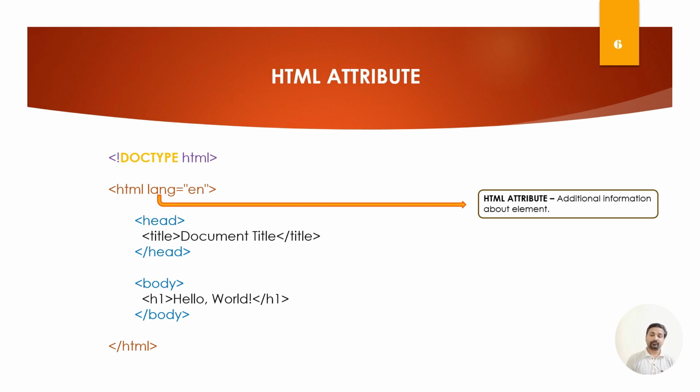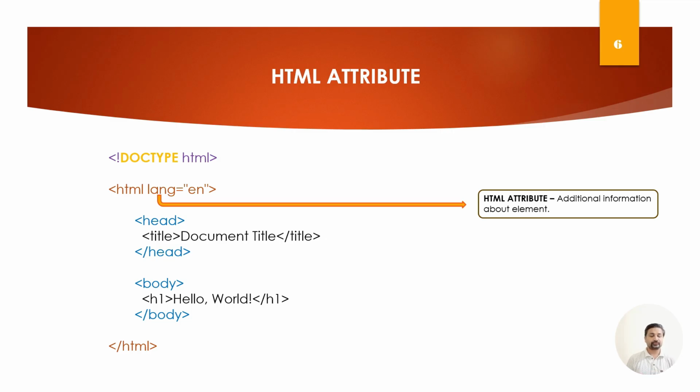Second, one more piece of information I can give about the heading element is the alignment of the element, like left side, right side, or the center of the screen. The same way, the font style and the font size are all additional information about the heading element, and all this information is called an attribute.